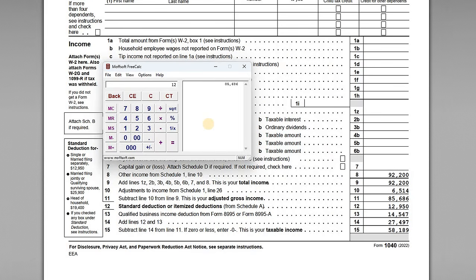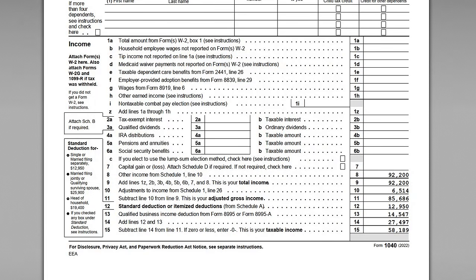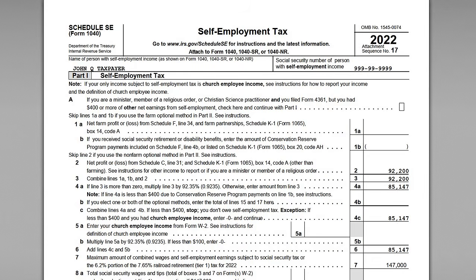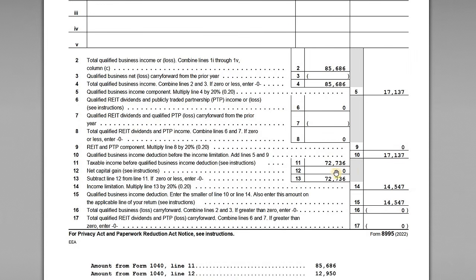And then we can deduct the standard deduction that John's taking, he's not itemizing, we arrive at his taxable income before the qualified business income deduction on line 13 is $72,736. So that is the figure that John is reporting here, right, on line 11, $72,736.